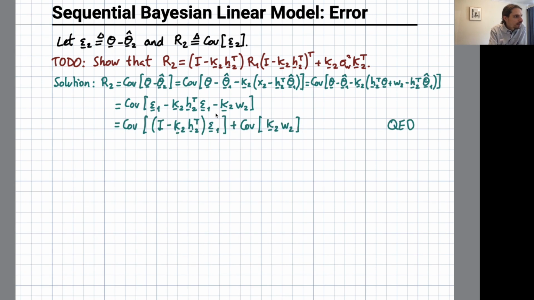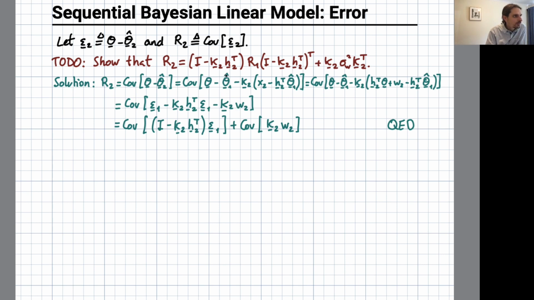Okay, so now is when we need to realize that W2 and epsilon 1 are uncorrelated. Why is that? Well, epsilon 1 is given by theta minus theta 1 hat, and theta is uncorrelated with W2, so everything is fine.